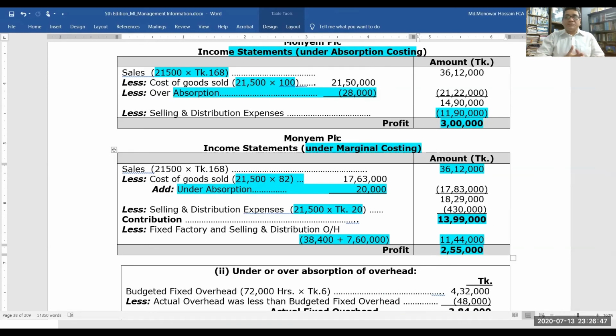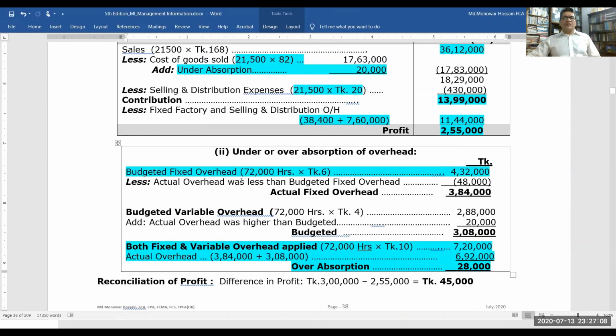So here difference between a profit of absorption costing and profit of marginal cost, and actual overhead was less than the budgeted fixed overhead 48,000.